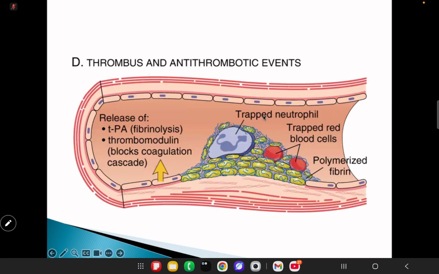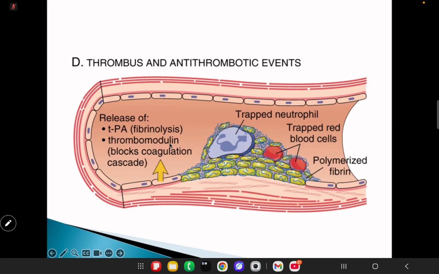Now this is the clot, a normal clot. It has platelets, it has fibrin, it has trapped neutrophils, RBCs, everything. This is the usual shape and consistency of the clot. After this clot is formed, with time it will be completely erased from this place and recanalization will usually happen.